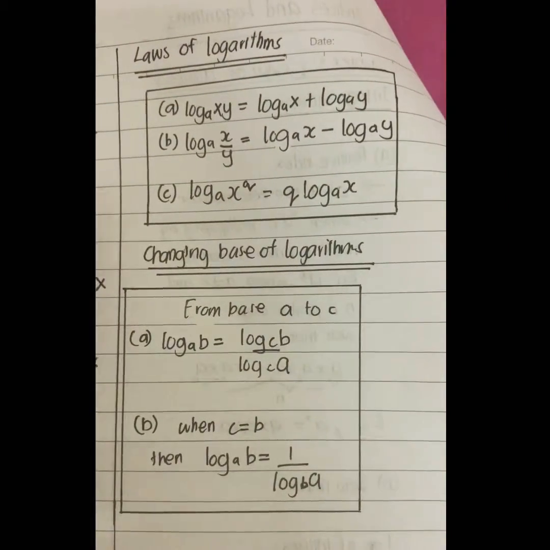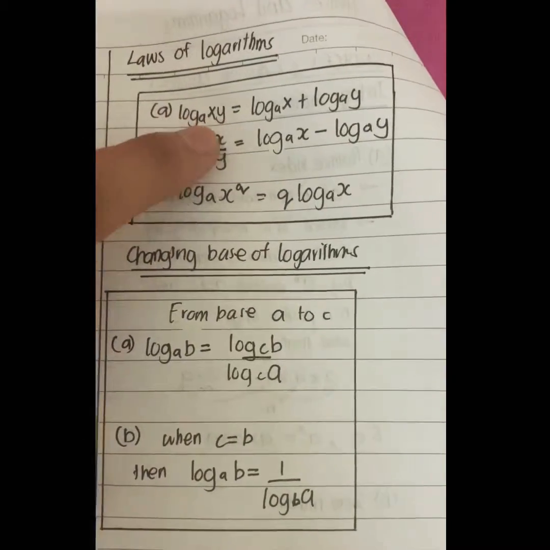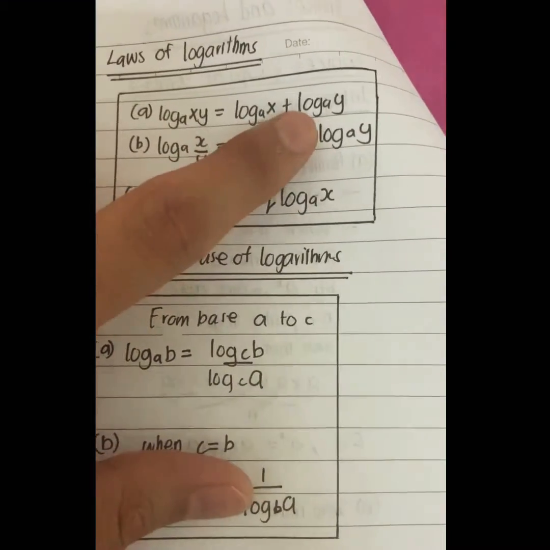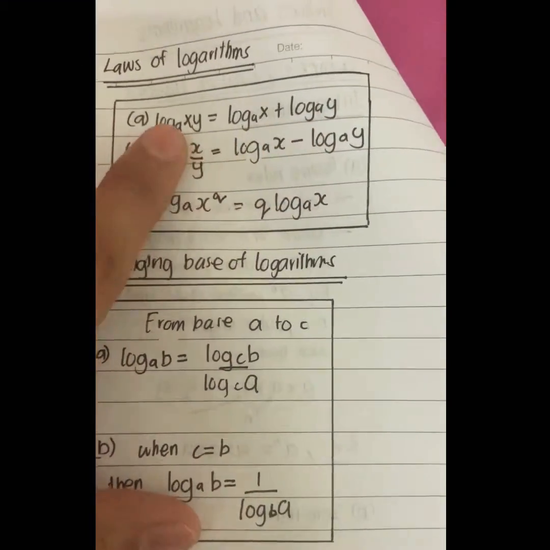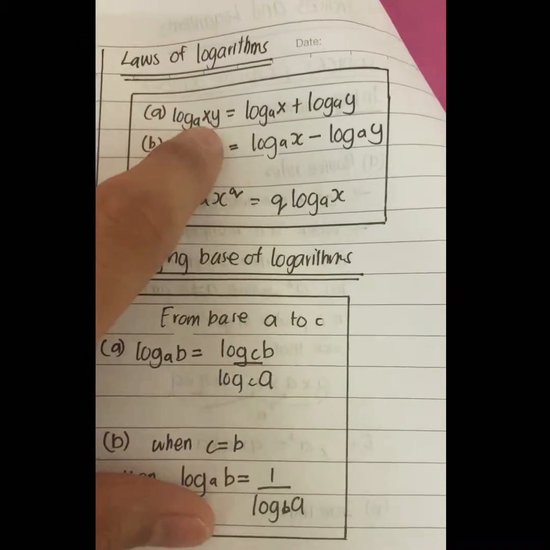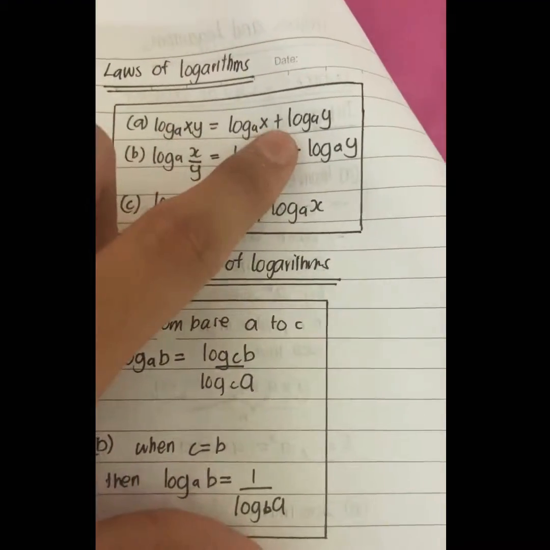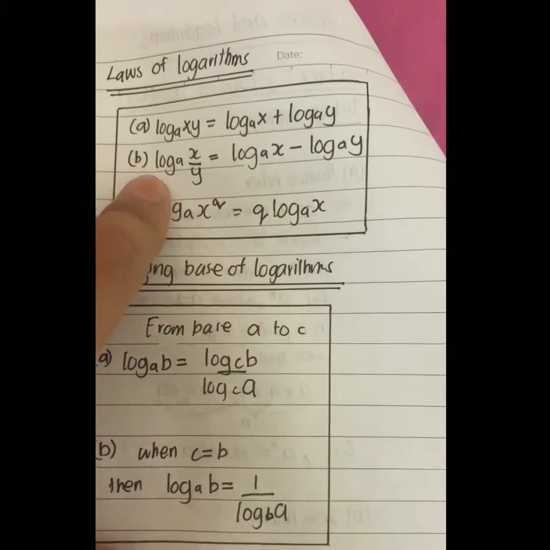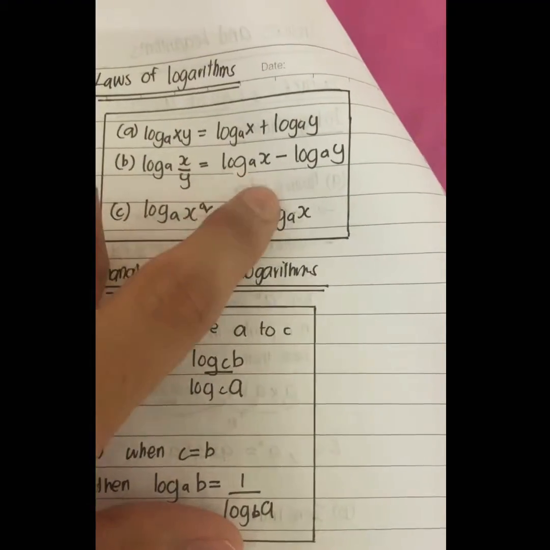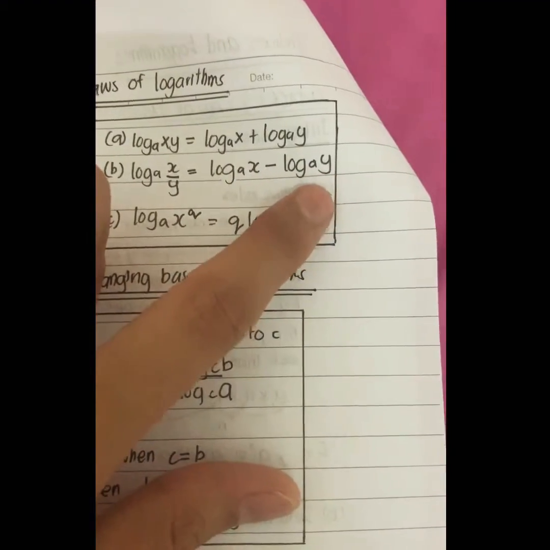Next, we go to the laws of logarithm. Log of x times y to the base a is equal to log x to the base a plus log y to the base a. Remember, when we multiply x times y, we will have plus here. Next, log of x divided by y to the base a is log x to the base a minus log y to the base a.